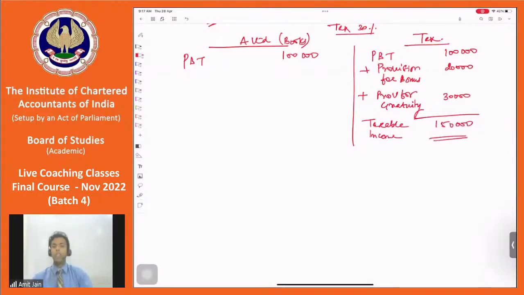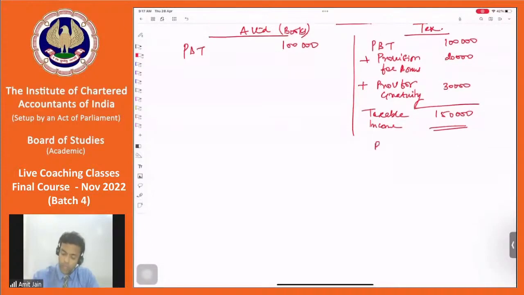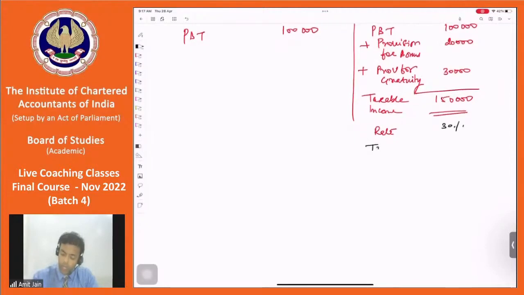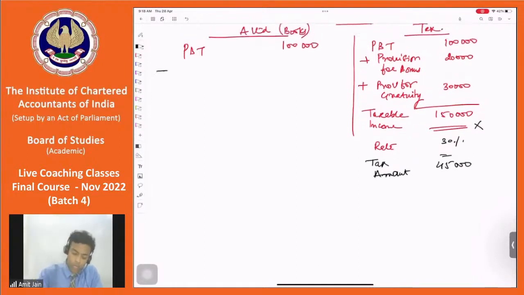Now I need to pay tax to the government authorities on this number, 1,50,000 at the rate of tax. The tax amount comes out to be 45,000 rupees. This tax amount will be recognized as income tax expense in my books of accounts, which is 45,000 rupees.